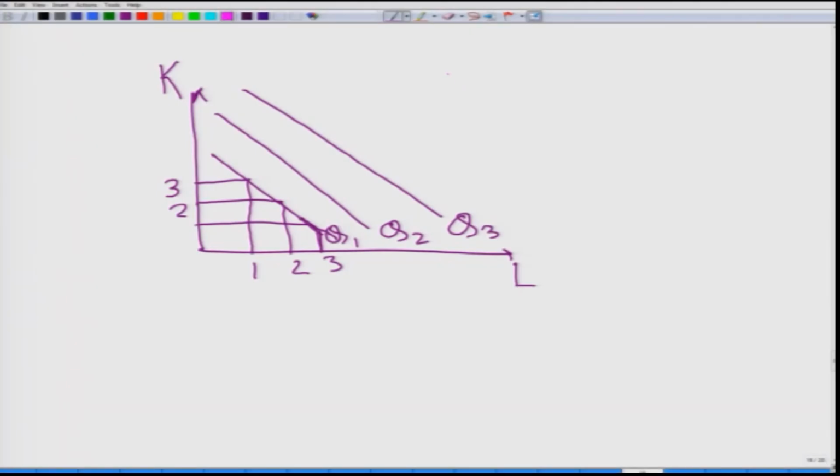What happens when we have a fixed proportion production function? They are kinked isoquants. Fixed proportion.